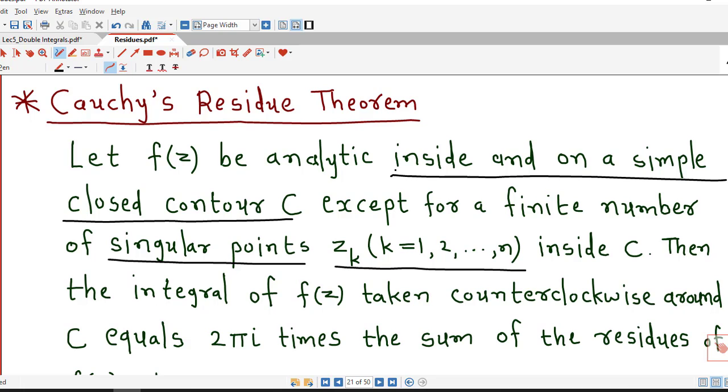Here we are interested in the interior portion of contour C, so f of z is required to be analytic inside and on the simple closed contour C. We don't have to worry about the analyticity of f of z outside the contour C. So suppose f of z is analytic inside and on a simple closed contour C except for a finite number of singular points z1, z2, zn which are inside C.